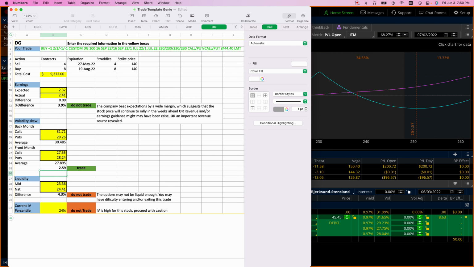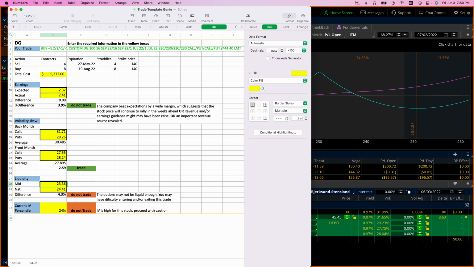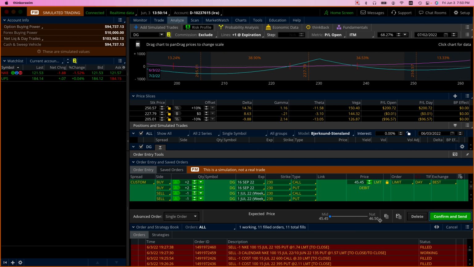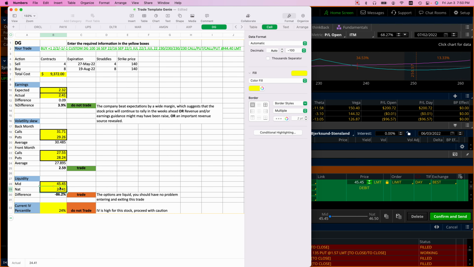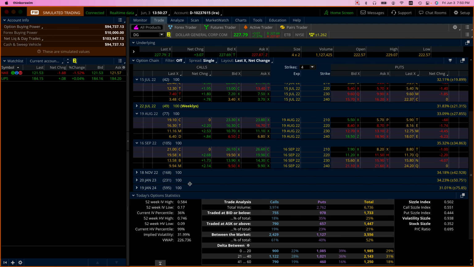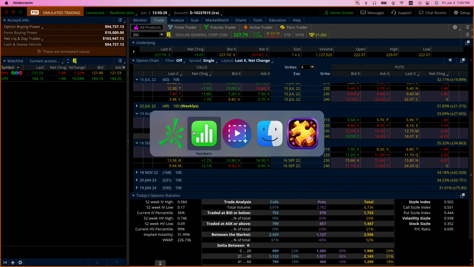Okay, that is a trade. Let's look at the liquidity for 45.45. Create duplicate. 46.50. Okay, 2.3, and the current IV percentile, go to the trade tab, 36%.